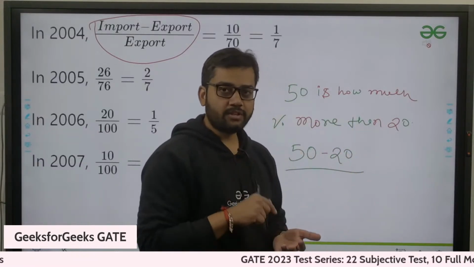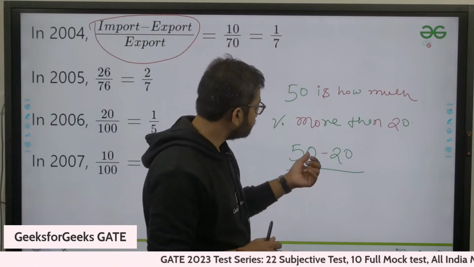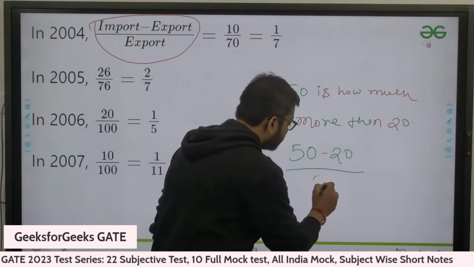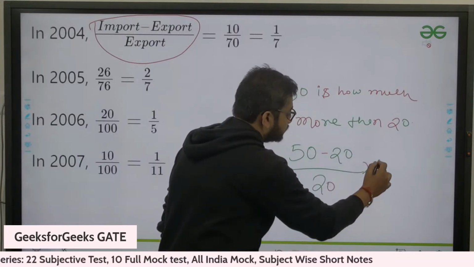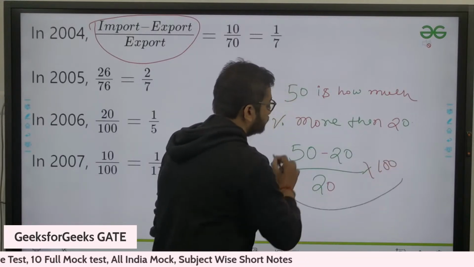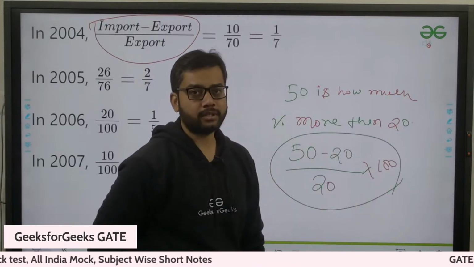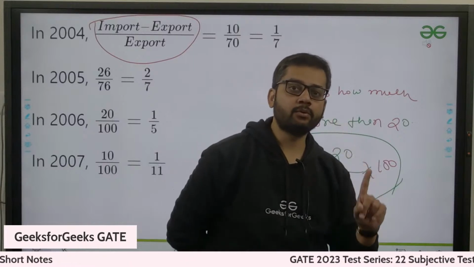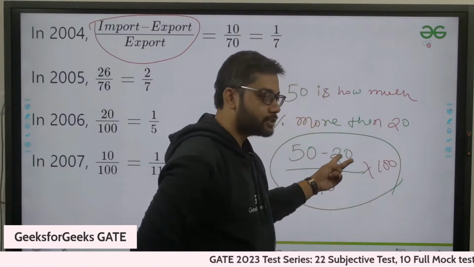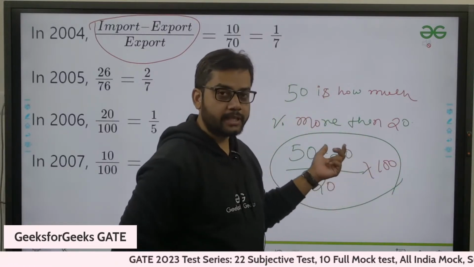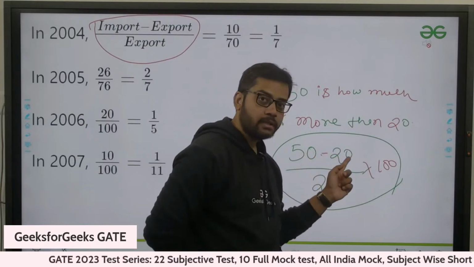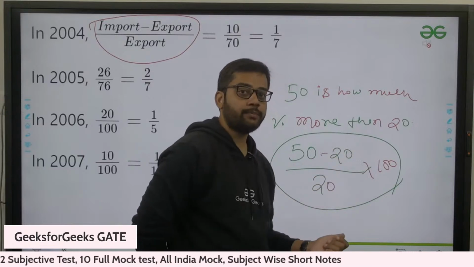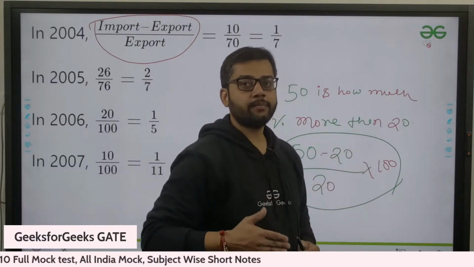Whenever you are solving a percentage question, the part that comes after the minus will come in the denominator, and since it's a percentage, by default do the multiplication by 100. Whenever it comes as more or less, always go for subtraction, and whatever came after the subtraction, here 20, will come into the denominator because we are comparing by 20.